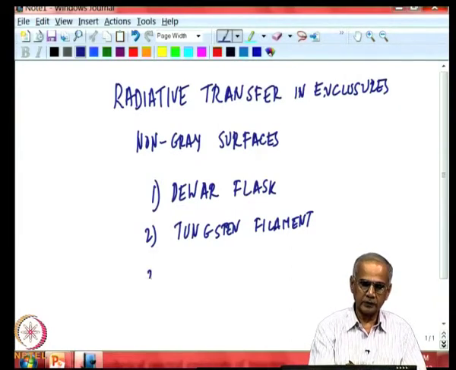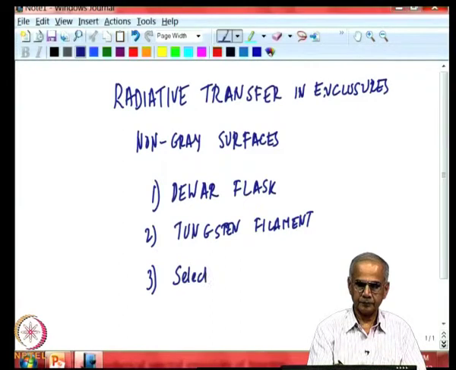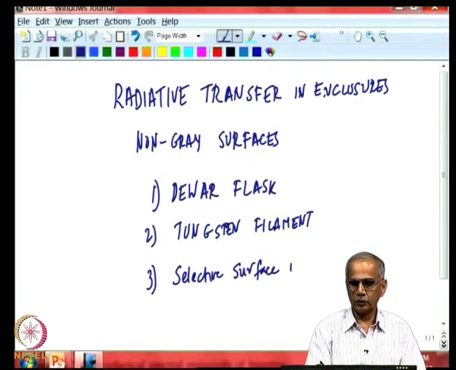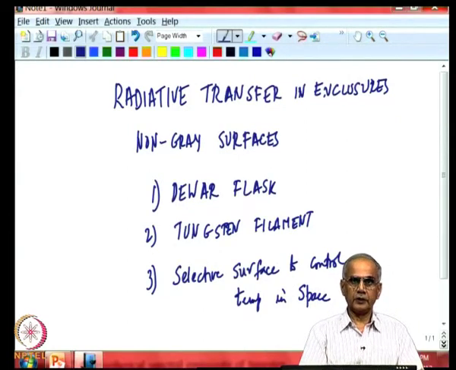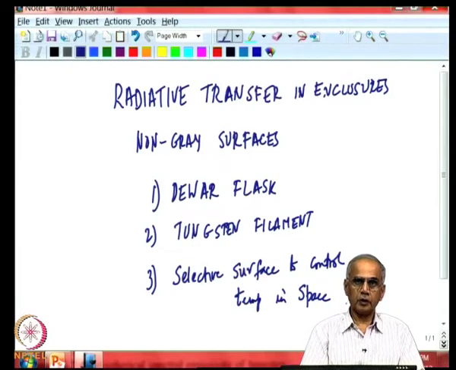We also looked at a third example of selective surfaces to control temperature in space, and we saw how in space you can maintain a surface at a very high temperature or very low temperature by controlling the spectral variation of absorptivity of the surface.